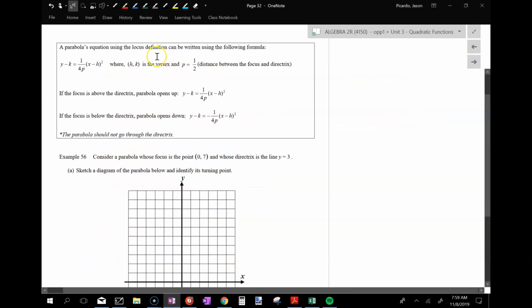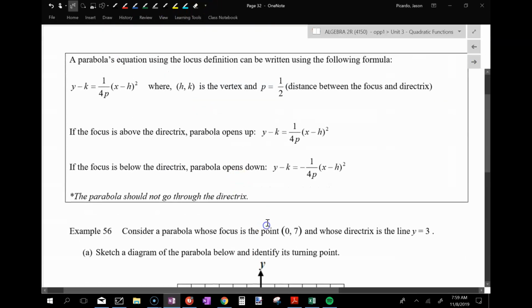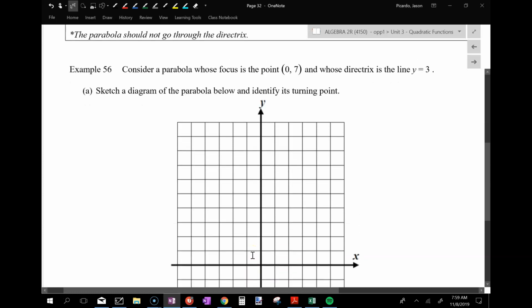So why am I doing this form of a parabola? Well, here's why. And don't read any of this stuff up here yet. I'm going to paraphrase that all down here. So I'm going to give you some vocab words, and we're going to use those vocab words to create equations. Here's what we got. Consider a parabola with a focus at 0, 7.